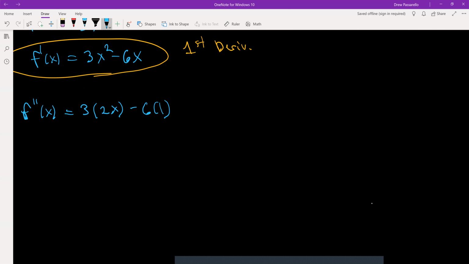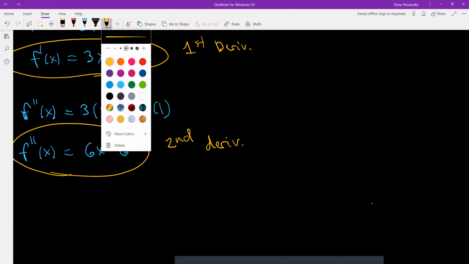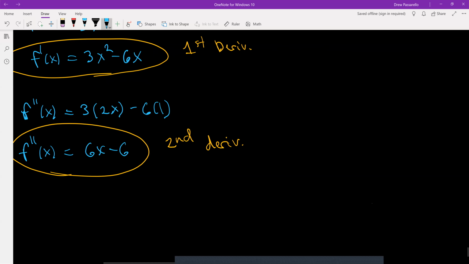So the second derivative is 6x minus 6. All right, so there's the first derivative and second derivative. That's what I do for the first step. So I just go ahead and find the derivatives.